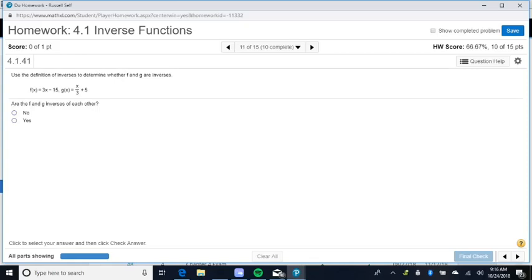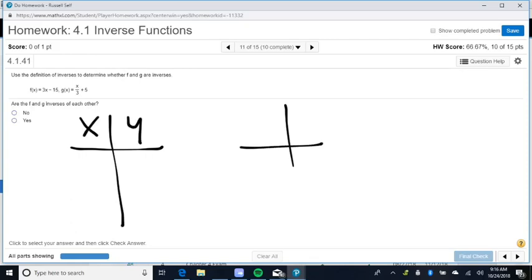Now you could, if you wanted to, simply make a chart of x and y values and then see if the x and y values are reversed. Right? Now we know these are functions because they're both linear. The x's are in the top, so that means they're not discontinuous, anything weird. So we know they're both functions.